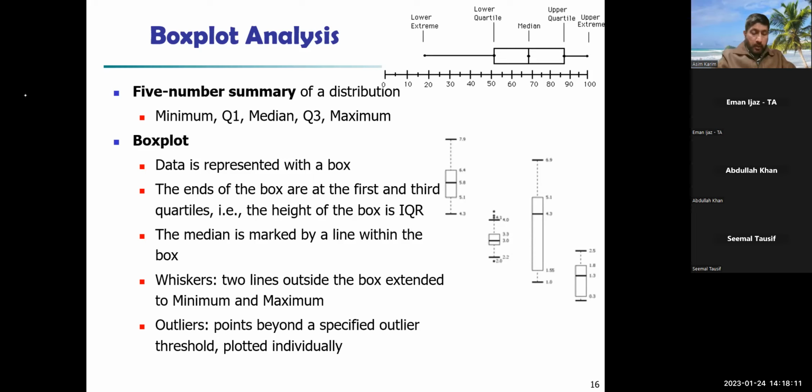Basically, it gives you an idea of the spread as well. If you look at the box, let's say the median is here, and then you have the Q3, and then you have Q1 here. So this range is much higher, and this range is much lower. So you know right away that there is much higher density here, and lesser density there. There are more values in this range because the spread is small.